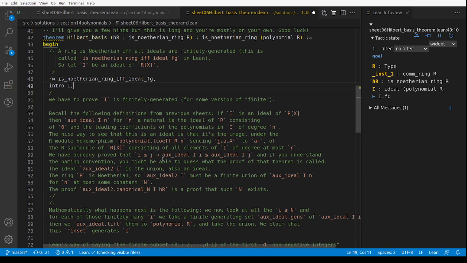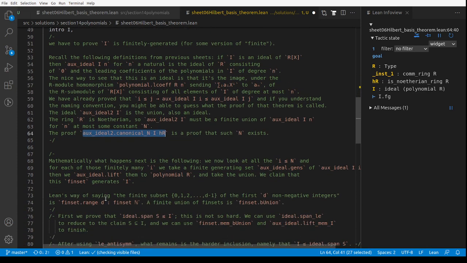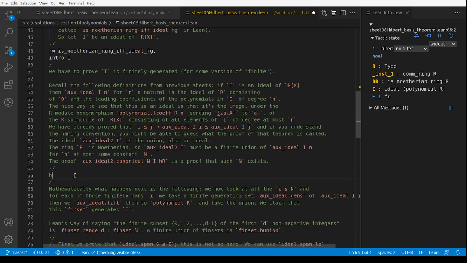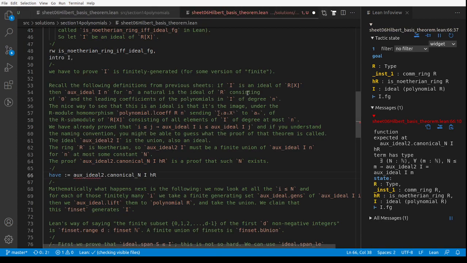These are definitions we have. Right. So this, I think, says that we just need to get an n. So let's have this. Oops. Well, that happens.